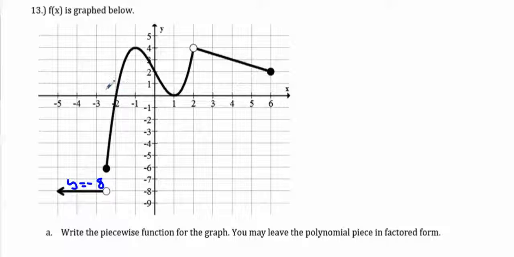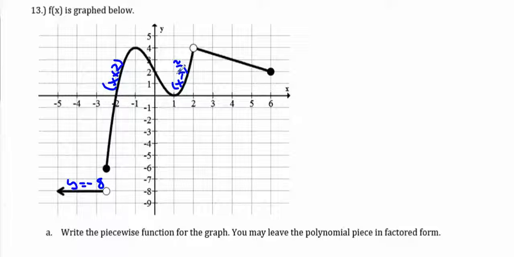If it crosses at negative 2, that means it has a multiplicity of 1, so that factor is going to be x plus 2. And right here it touches at 1, so it has a multiplicity of 2. That factor is going to be x minus 1 squared. And that's all I'm going to worry about for that piece.